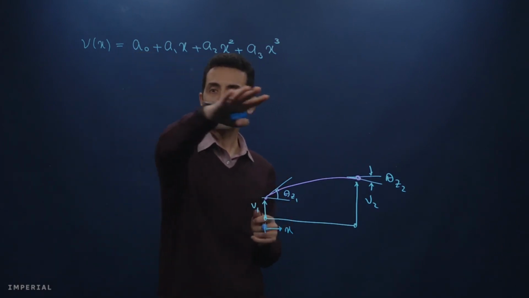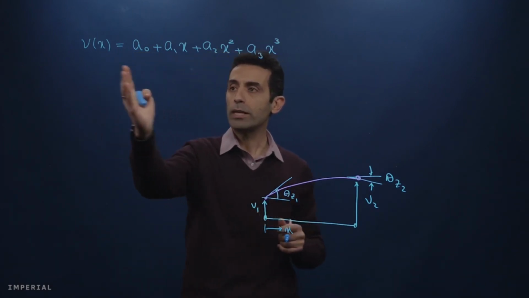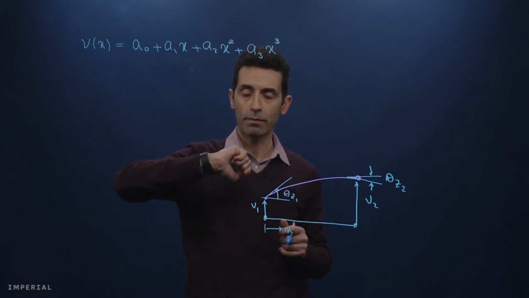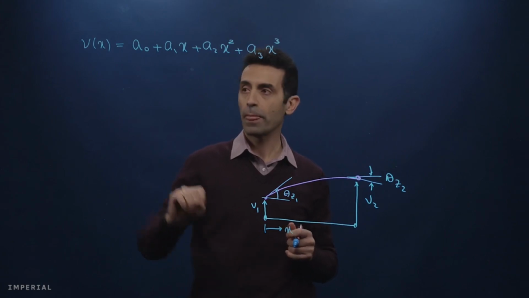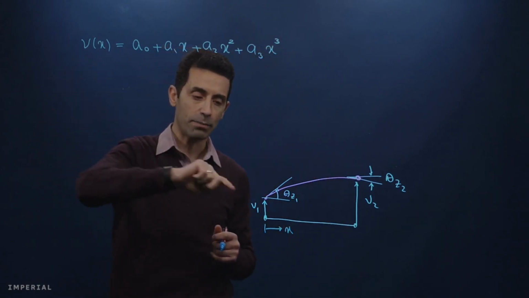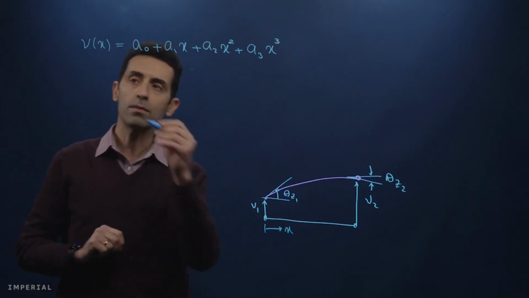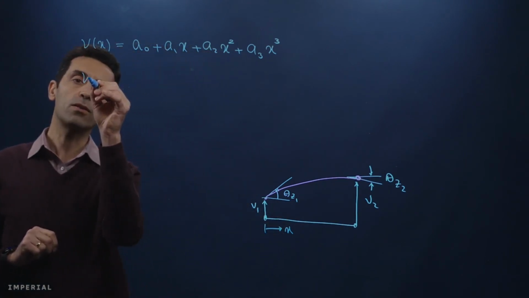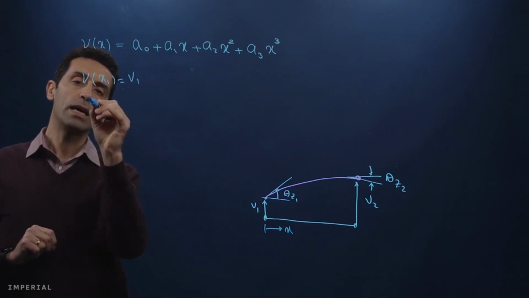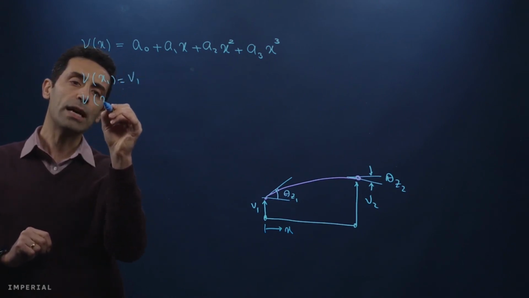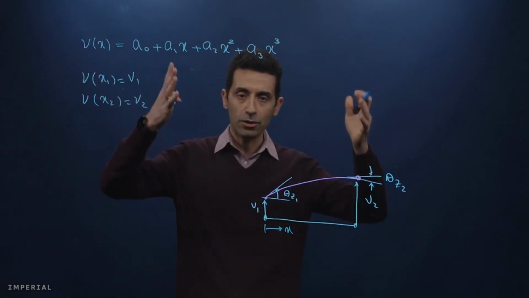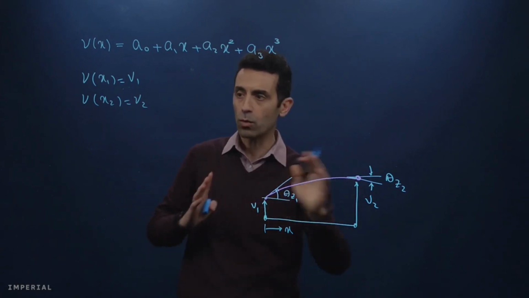So this is a cubic function, but we know that for this function we have some known values. We have 4 known values. We know the value of V at point x1, so that is at node 1. So V at x1 is V1, right? We also know V at x2, that is V2. So these are nodal translations in y direction at node 1 and 2.